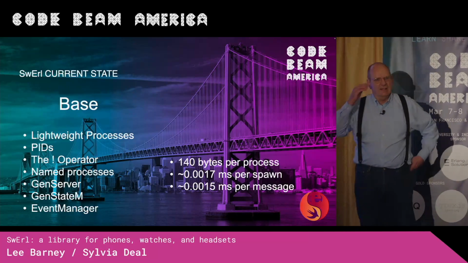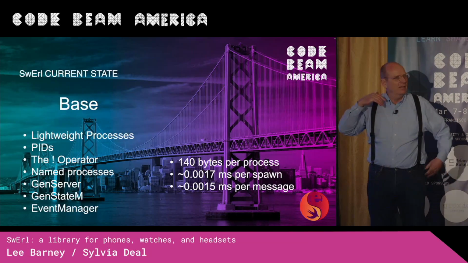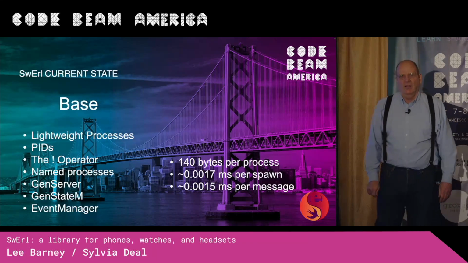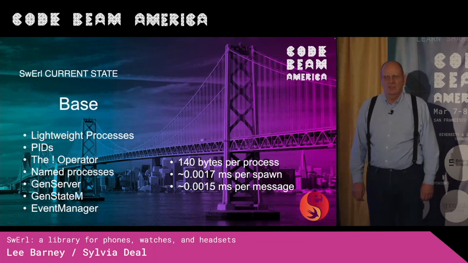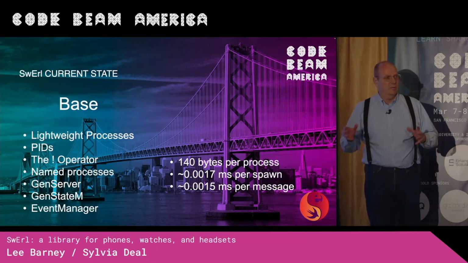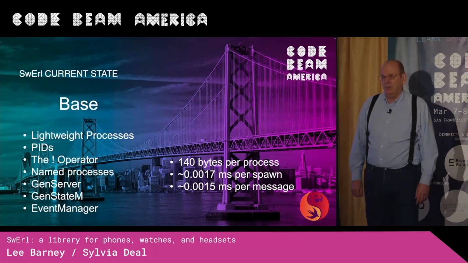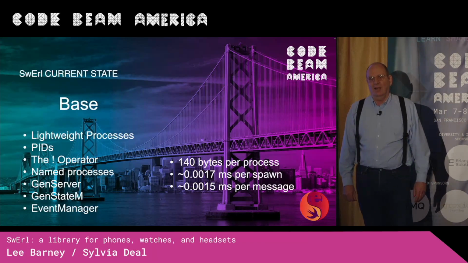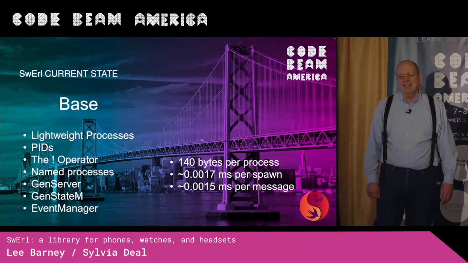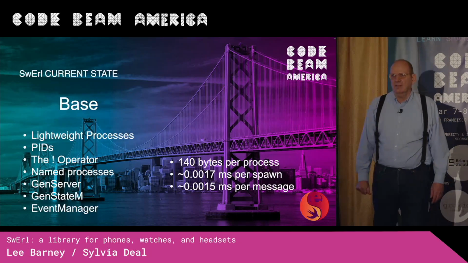We think we've done pretty good on our timings, having spent zero amount of time on speed, zero, just trying to get everything laid out. We want to go back and see if we can get some better speed, but we think we've hit a pretty good spot here for our first cut. 17 ten-thousandths of a millisecond to spawn something is not bad.